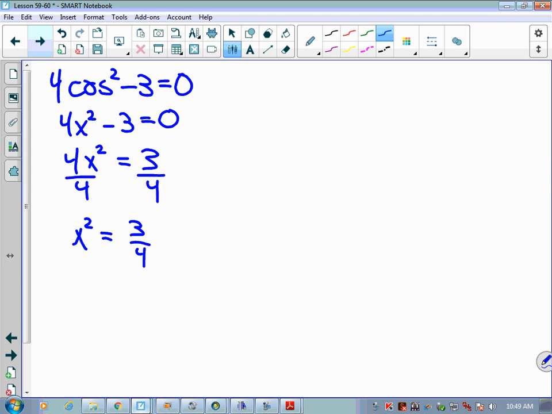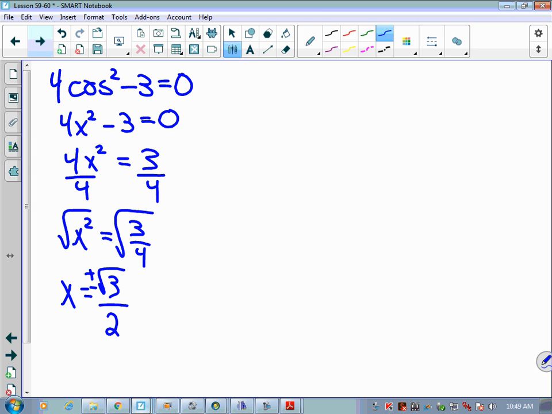And then what do you do to solve for x in that case? Square root. And because I'm square rooting the left-hand side, on the right-hand side it's going to be plus or minus, right? So I've got x equals positive or negative square root of 3 over what, though? Because square root of 4 is going to come out, right? 2. So I got positive or negative square root of 3 over 2.